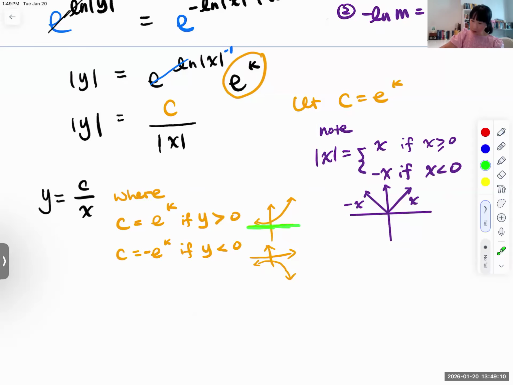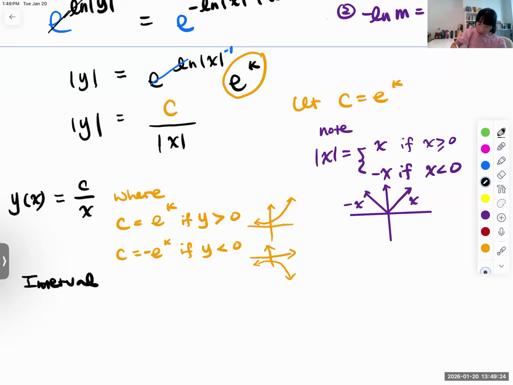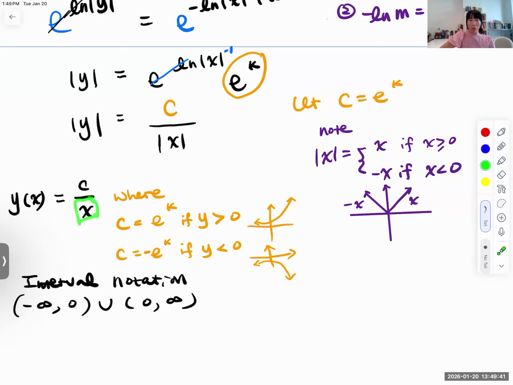And also this one too, right? So y over x equal to c over x. And then interval notation, it will be negative infinity, 0, union of 0, positive infinity, right? We cannot have a 0 in the denominator, right? Clear?